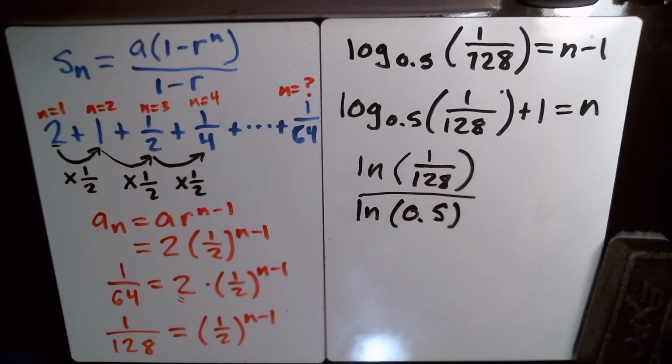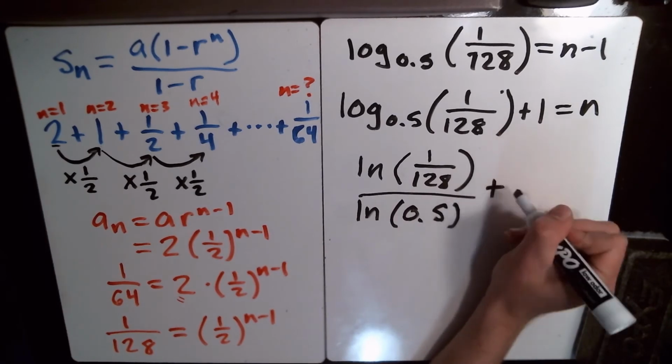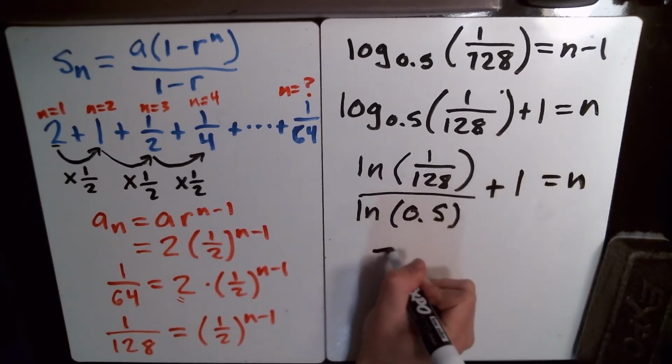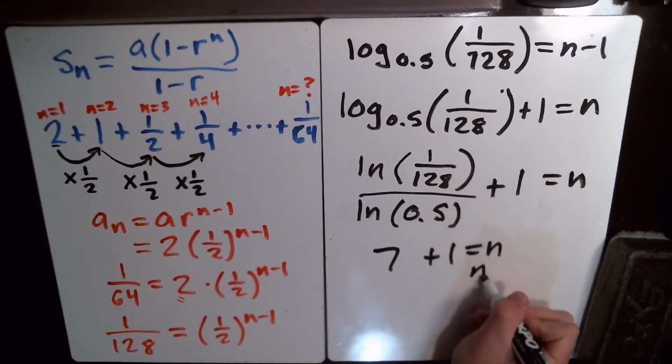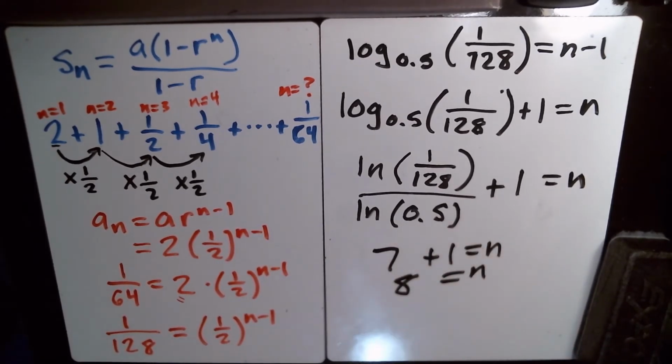Hopefully we'll get a nice number here. ln of 1 divided by 128, divided by ln 0.5. What do we get? Looks like we get 7. So this is all 7, and then plus 1 is n. So n is 8.